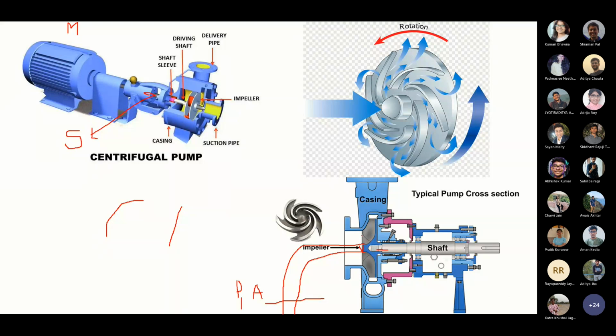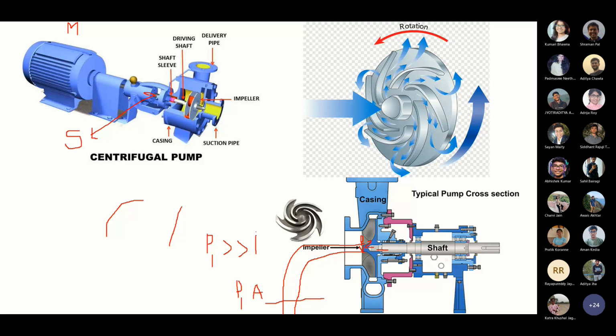And here is the vacuum pressure generated by the impeller rotation, that is P2. And we know that P1 is much greater than P2.